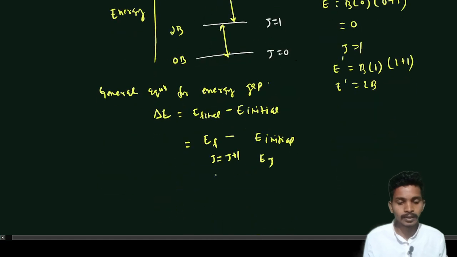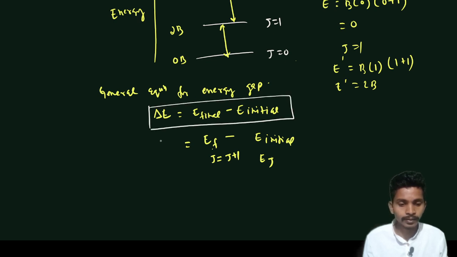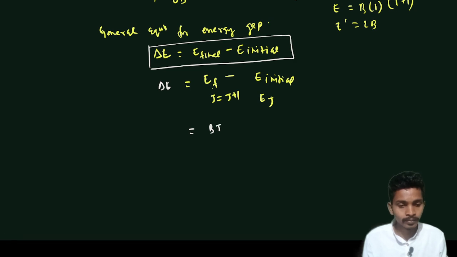So for the general case, the final value should be one higher than the initial value, because final is the higher level, and from this we are subtracting the lower one. Now we know E dash is B J(J+1).